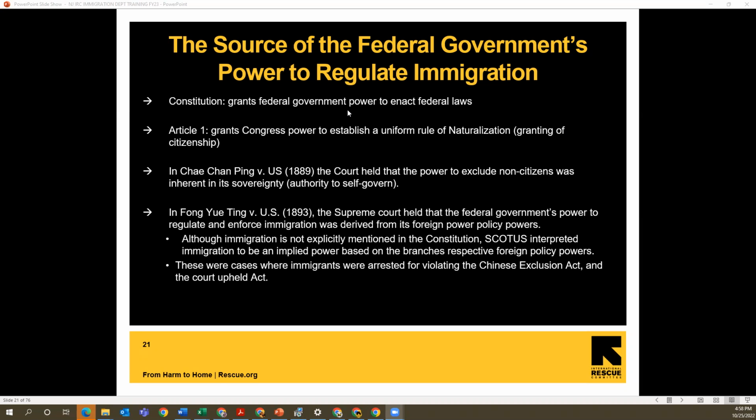And these are the two reasons it gave for upholding this law: the idea of sovereignty and the US's authority to govern itself, and also the fact that it is explicitly in the Constitution that the federal government has a power to regulate its foreign policy, and that immigration sort of fell within that.